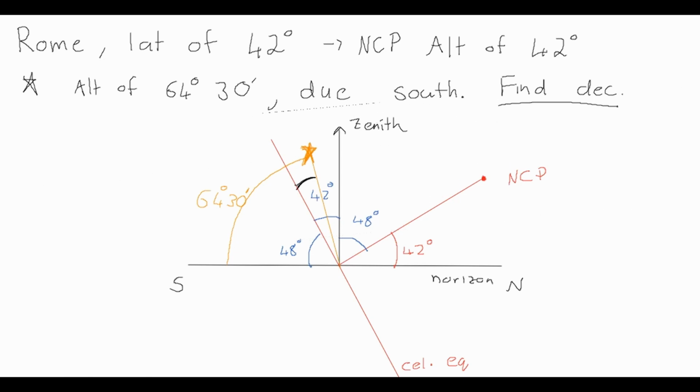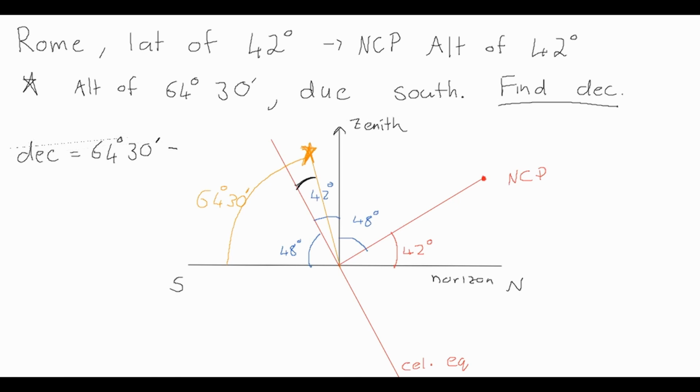This is the declination. To find this angle, which is just our declination, all we need to do is take our angle of the star from the horizon. So that's 64 degrees and 30 arc minutes.